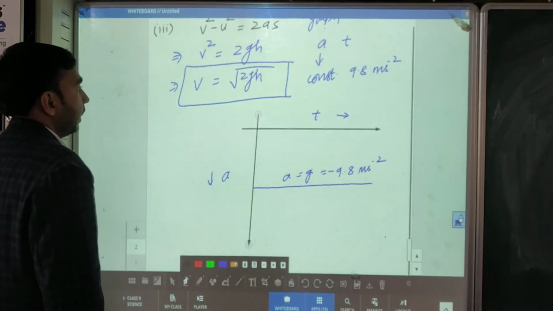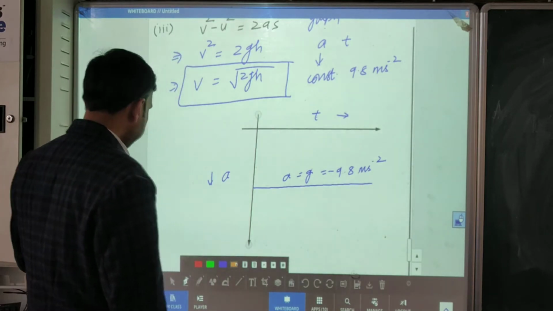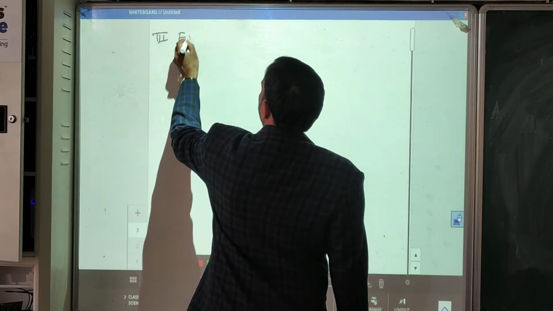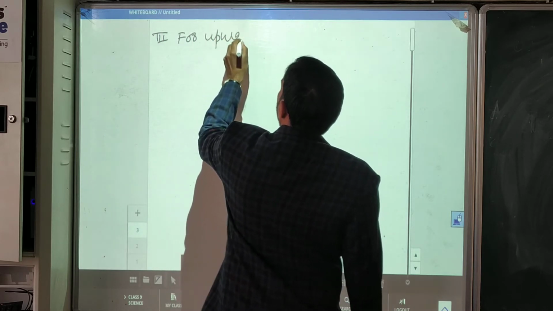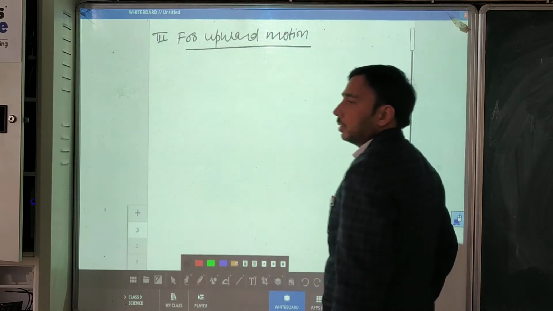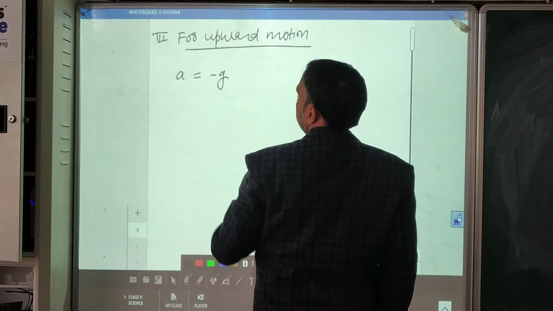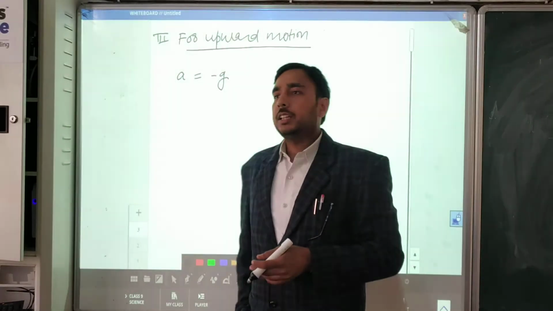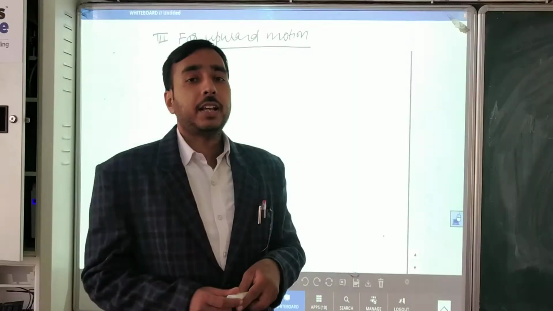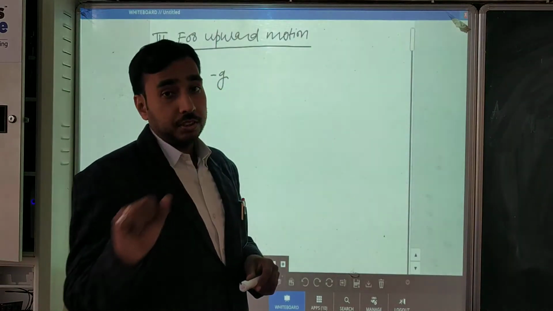So this is what we have seen, all the three equations of motion under free fall of the body. Similarly, for upward motion, the acceleration will be minus g, because as we move upward, in case of free fall, suppose we throw a ball upward, the acceleration of the body remains constant, but the velocity of the body goes on decreasing.